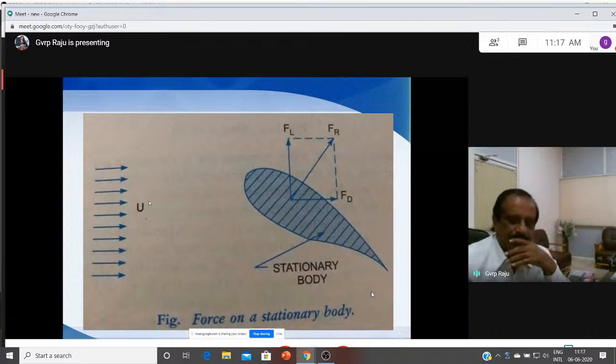So consider the flow of real fluid over a stationary body. I can expect always, when it is a stationary body, when it is not moving, force is exerted by the fluid on the body. The force is exerted by the fluid on the body. Then what happens here?